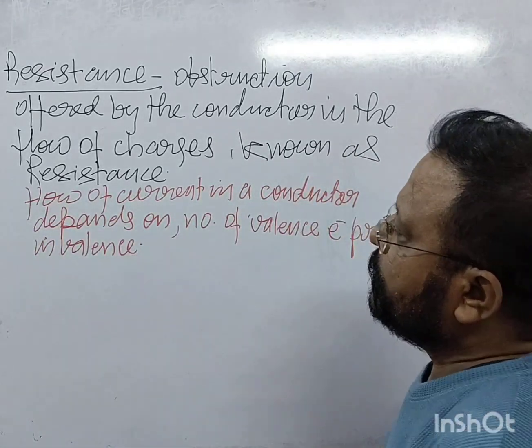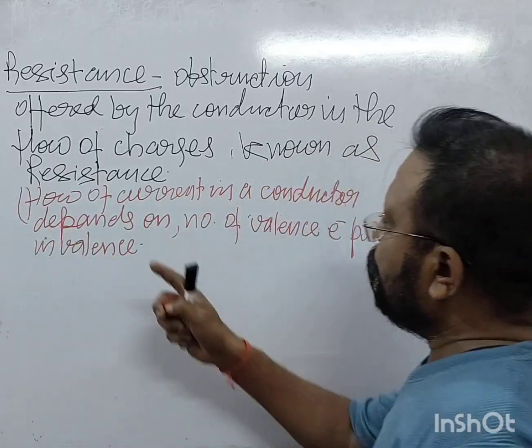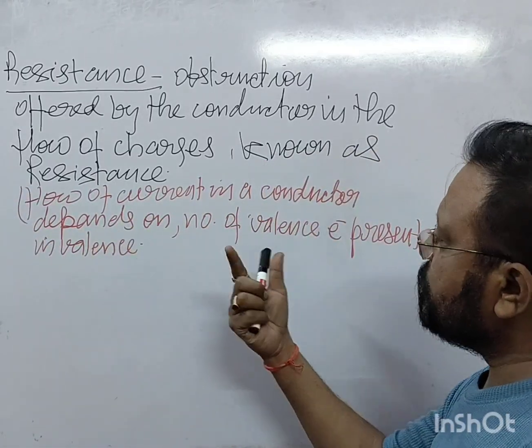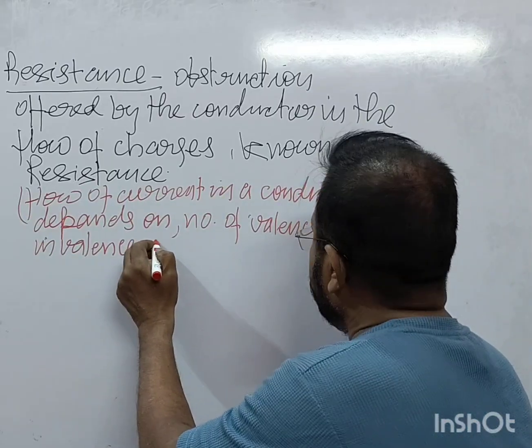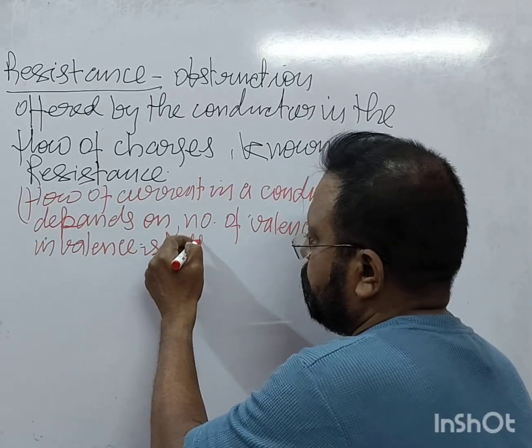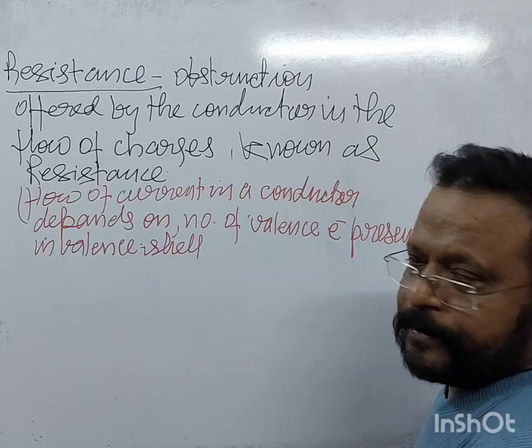What I said? Flow of current in a conductor depends upon the number of valence electrons present in the valence shell.